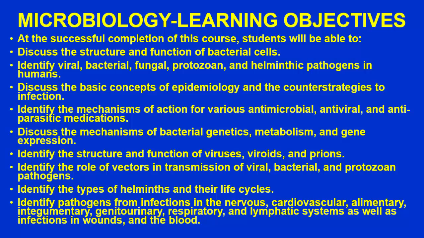They will also understand the structure and function of viruses, viroids, and prions, and the role of vectors in transmission of viral, bacterial, and protozoan pathogens. Identify the types of helminths and their life cycles. Identify pathogens from infections of the nervous, cardiovascular, alimentary, integumentary, genitourinary, respiratory, and lymphatic systems, as well as infections in wounds and the blood.